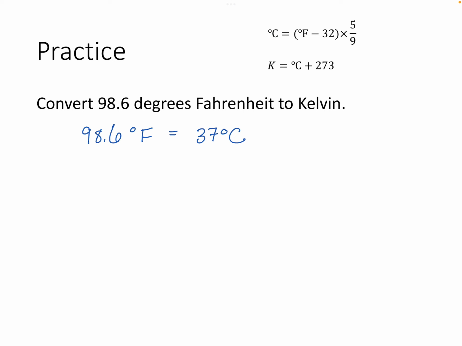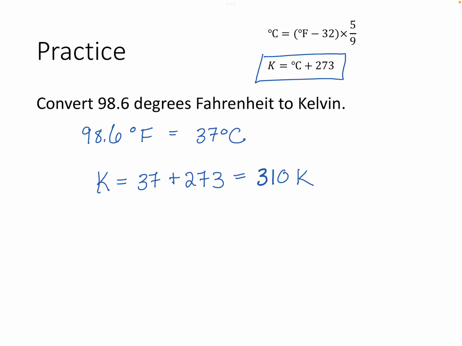So if we need to convert that to Kelvin, we can now just use this equation. So Kelvin is equal to 37 plus 273. So that should give us 310 Kelvin.